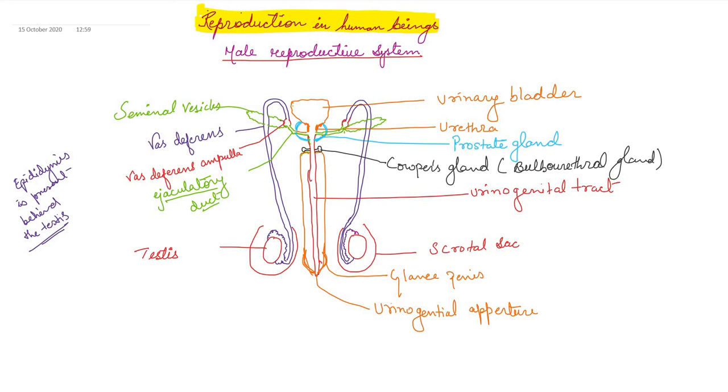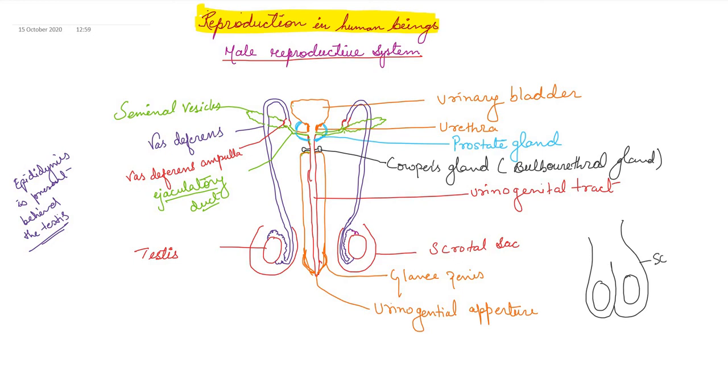As you are able to see here, this one is the structure of scrotum, and there are two scrotal sacs. Inside the scrotal sac there is an oval testis.